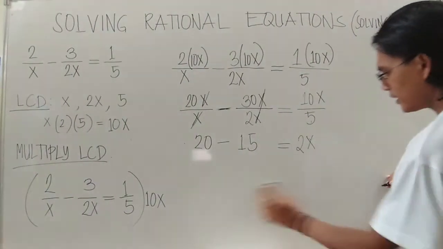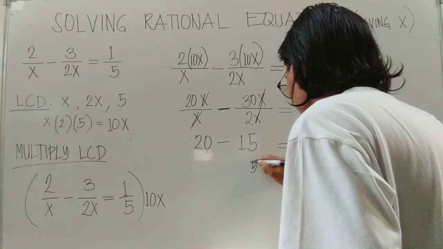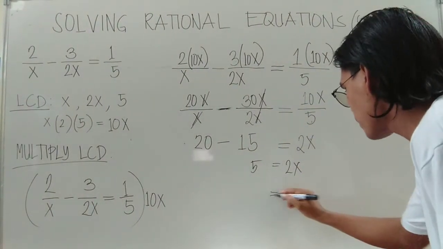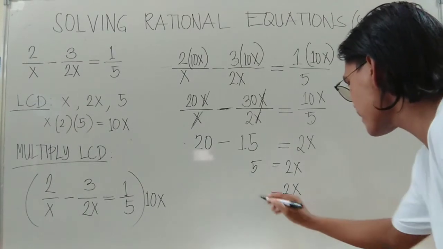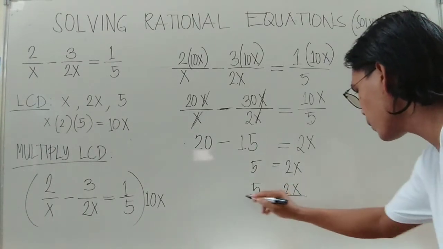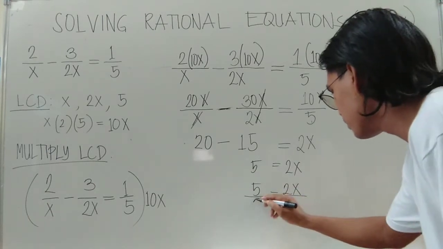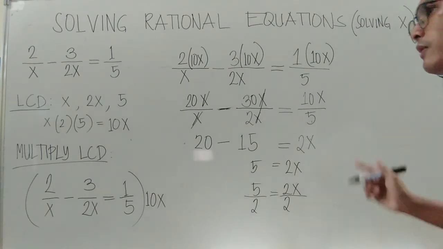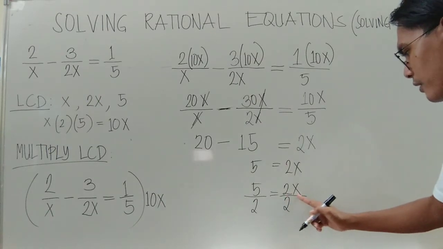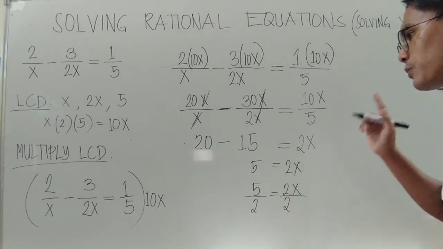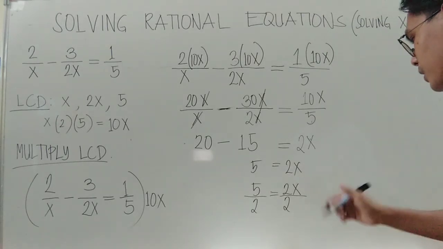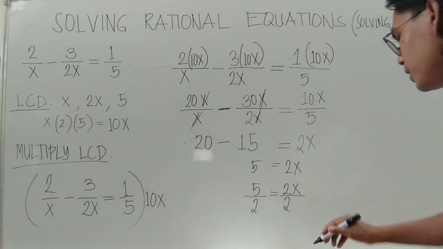So we have 2x and 5. So divide both sides by 2 to eliminate your 2 using the division property of equality. Or we are just using the inverse operation between 2 and x, that is multiplication. So we will be using division. Or again, we are using the division property of equality.